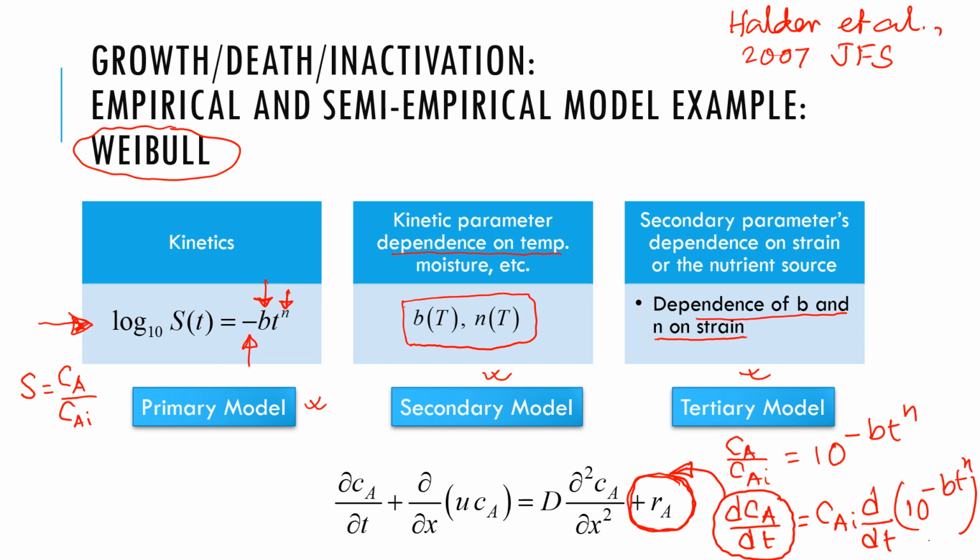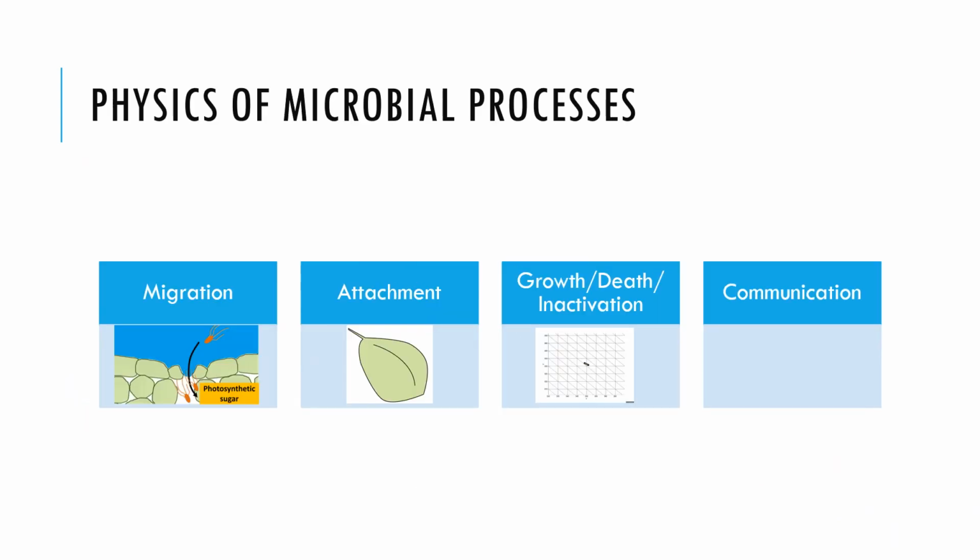So the framework for the microbiological safety in terms of a transport equation nicely holds. So that concludes discussion of 3 of the 4 building blocks. This last one, the communication one, we're not going to discuss at length.